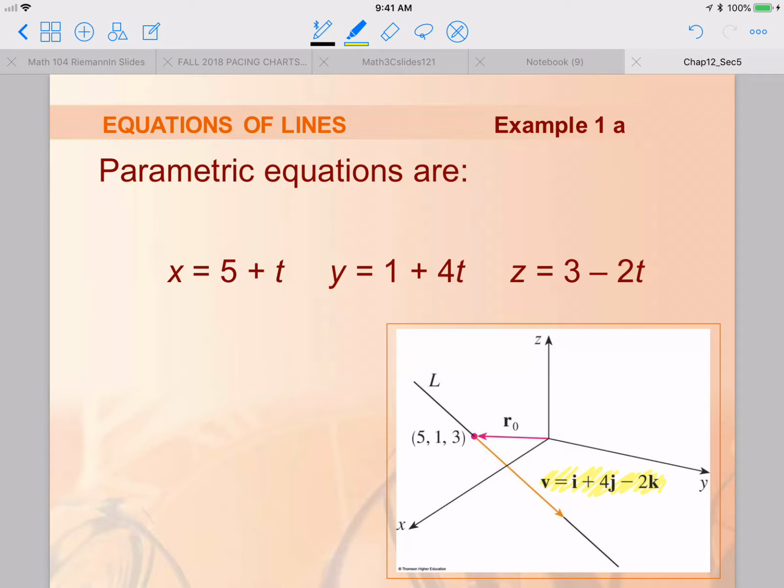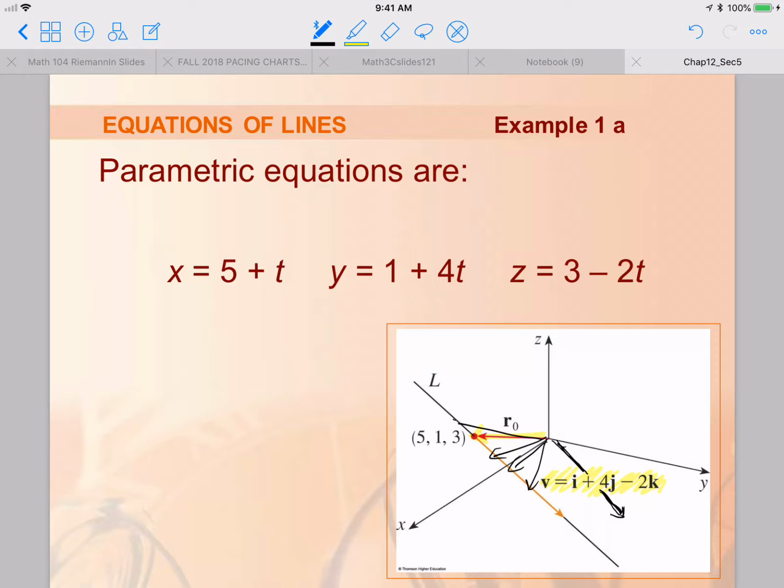That gives us the direction. And then this vector r naught gives us the point that is on the line. So it's like that vector did come out like that. That was the v when you translate it.